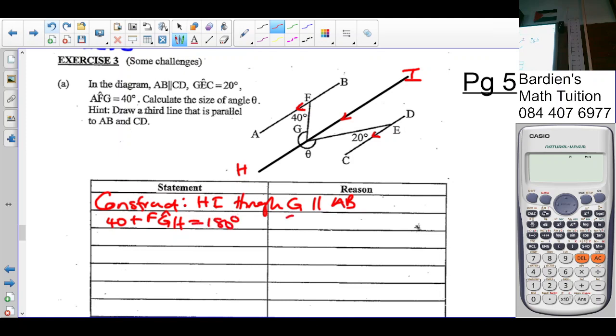Why? It's co-interior angles, with AB being parallel to HI or IH. So FGH is 180 minus 40, which is 140 degrees.